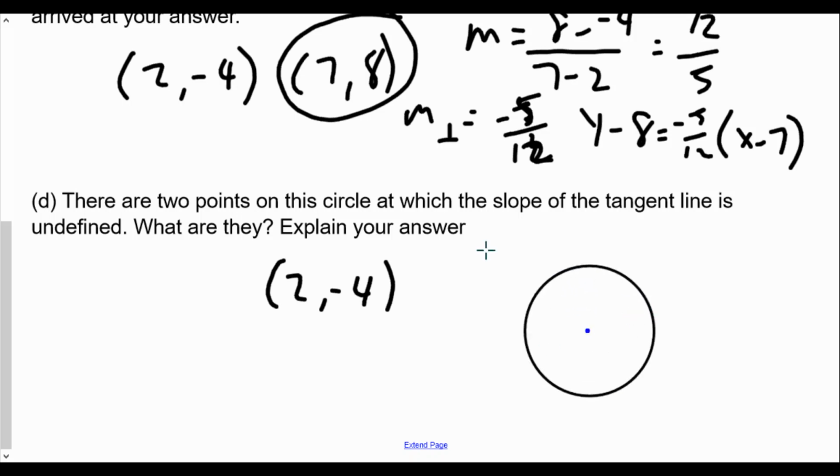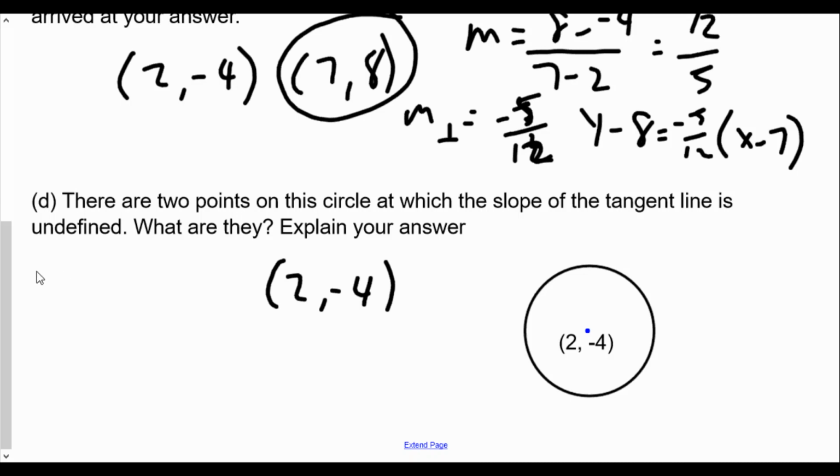And so if our center in this case is going to be (2, -4), then for the tangent line to be undefined, it must have an undefined slope, meaning divide by 0.